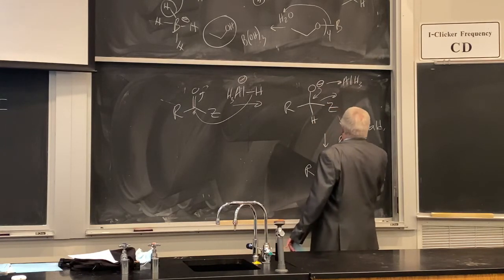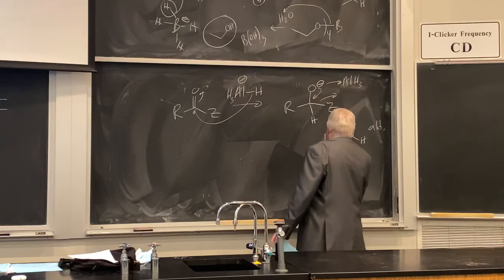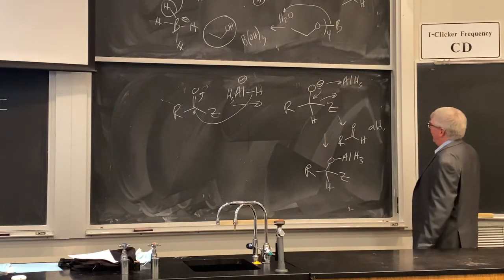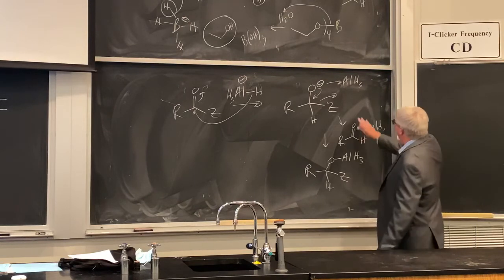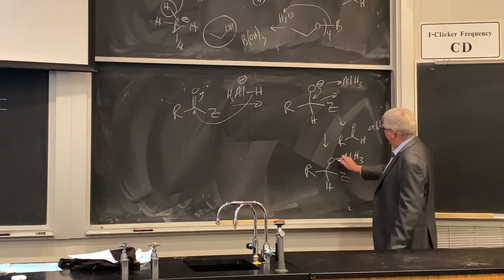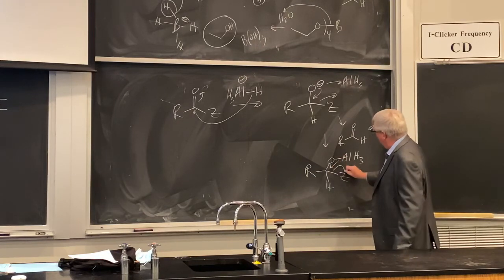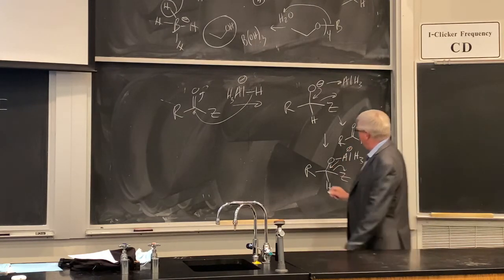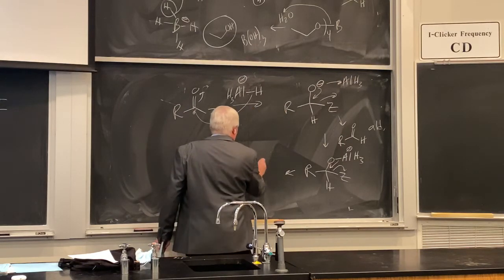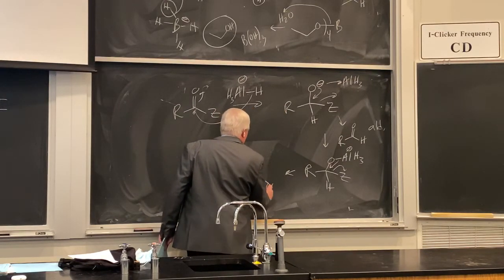Aluminum H3, Z. And this hydride can go onto that. How do we get the group to come off? Well, we have this come back off like that. And we got the aldehyde.